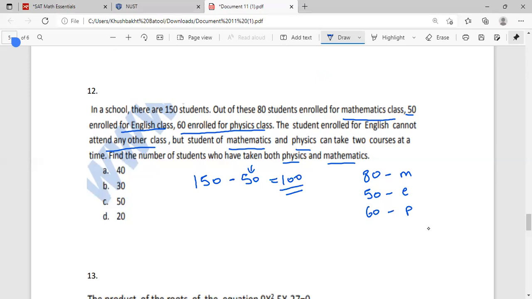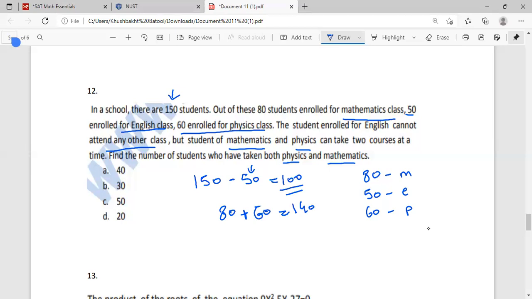Now we know that 80 students are enrolled in maths class, 60 students are enrolled in physics class, and students who are taking maths and physics can take two courses. And the total number of students is 150, and when we subtract 50, we get 100. Now let's see how many students we get from maths and physics. So we get 140.